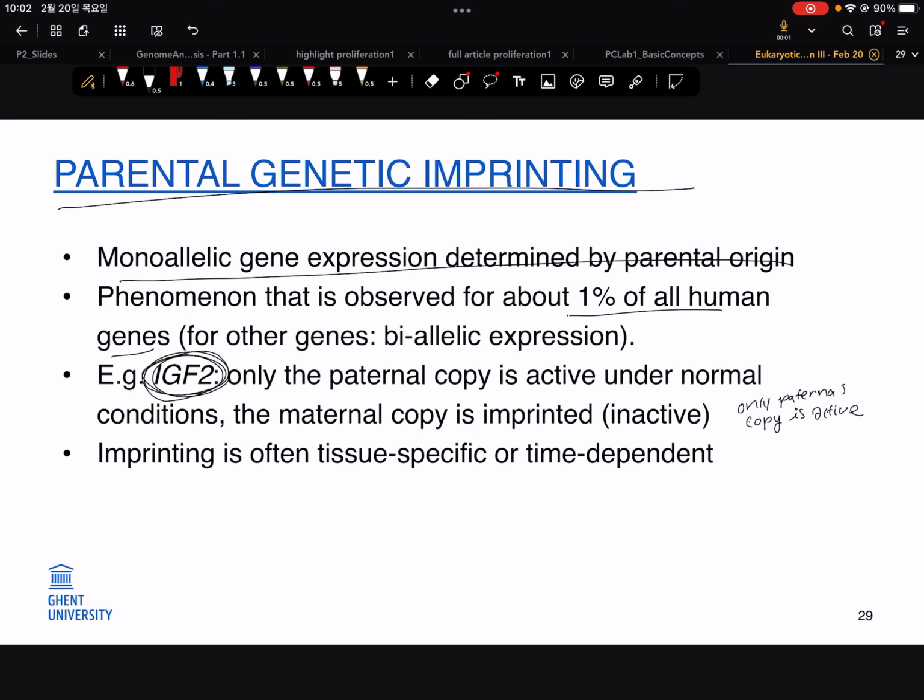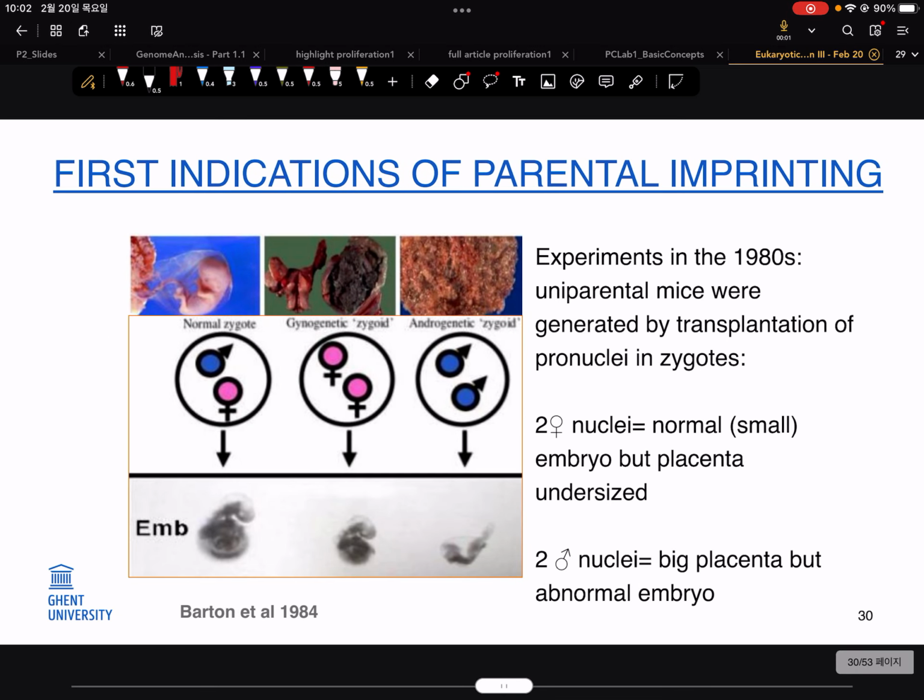Parental imprinting was already discovered in the 1980s, and I'm sorry, this is a bit cruel. In these experiments they made uniparental mice. They made embryos by transplantation of pronuclei in the zygotes.